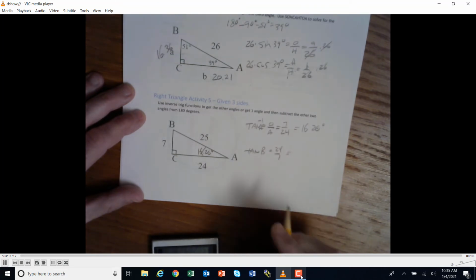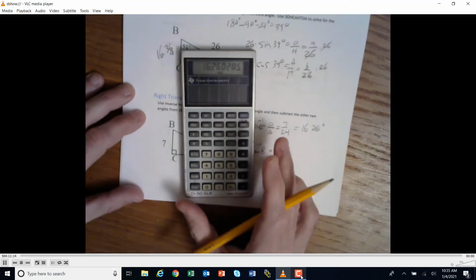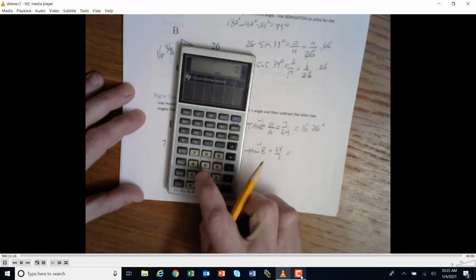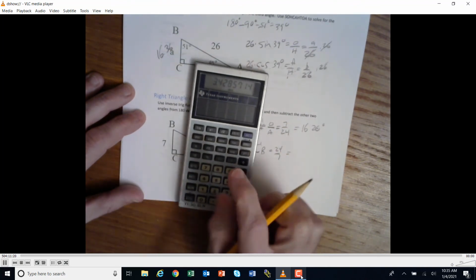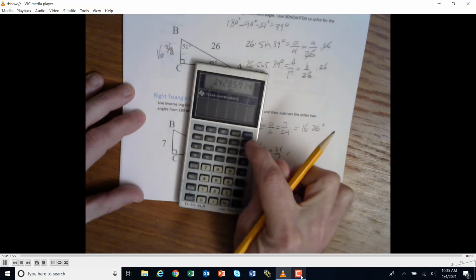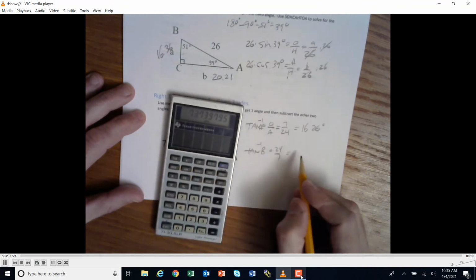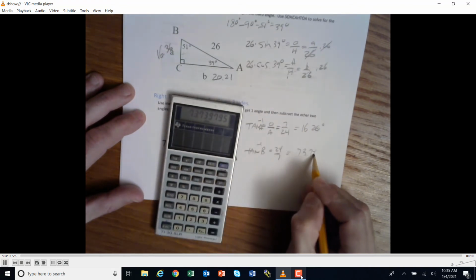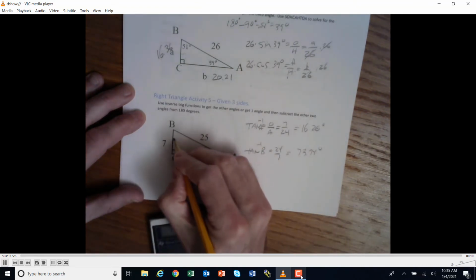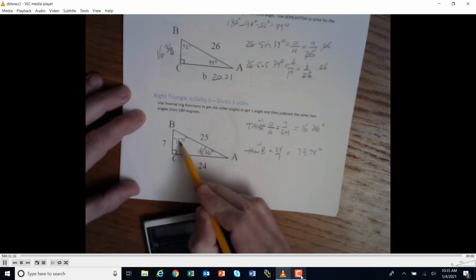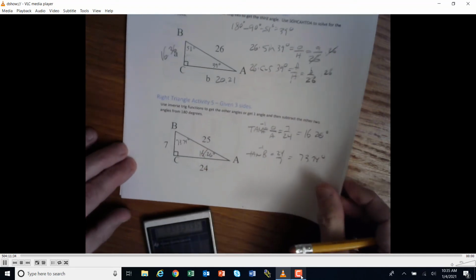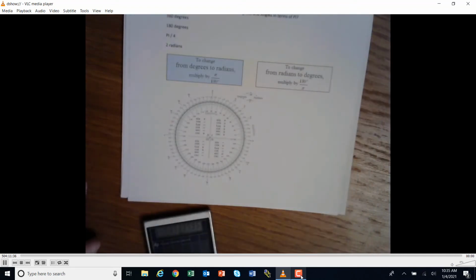If I take the inverse of that, 24 divided by 7 equals, inverse tan, 73.74 degrees. That's what this is, 73.74 degrees. And you can see that these all add up to 180. Keep rolling here.